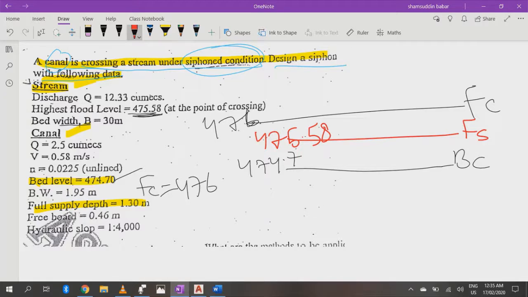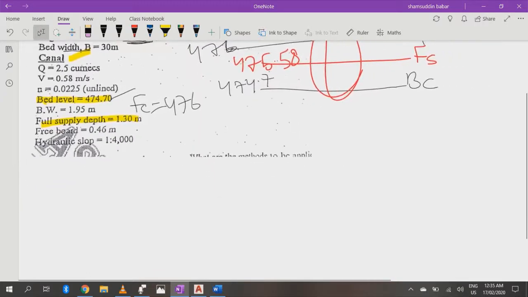All we have learned here, we are going to write the same thing in a different manner. This is our solution.